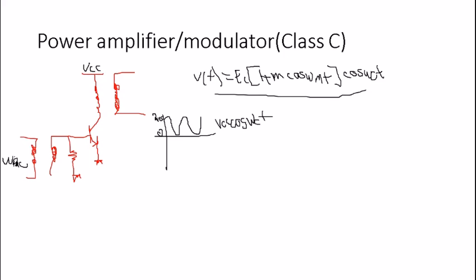So let us just visualize that if we can make this node, which is equal to VCC, equal to this whole expression, we can ultimately create a power amplifier that works as an AM modulator.